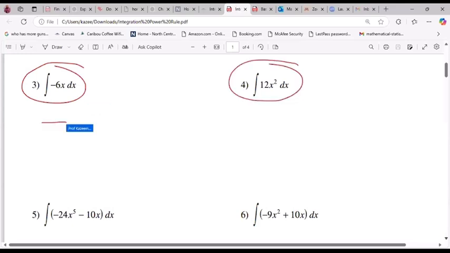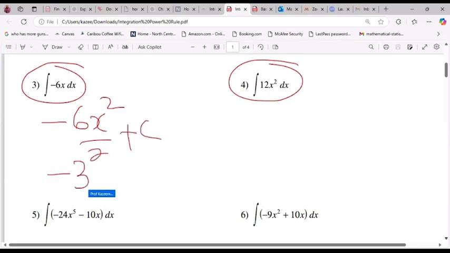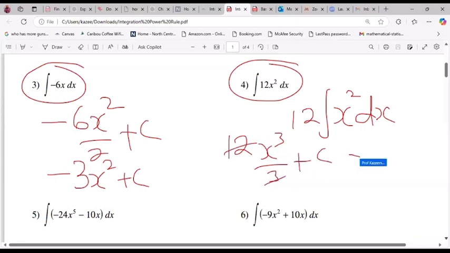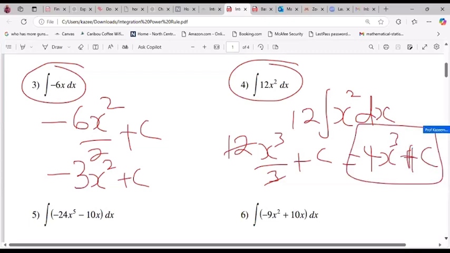Similarly, it's going to be negative 6x squared over 2 plus c. By the time you factorize, you get this. And right here, you got 12 times the integral of x squared dx, which is going to be 12, 3 divided by 3, so 3 goes into that. It's going to be 4x cubed plus c. That's how that's going to be solved.